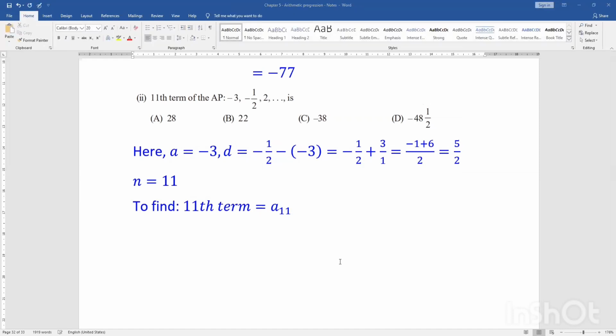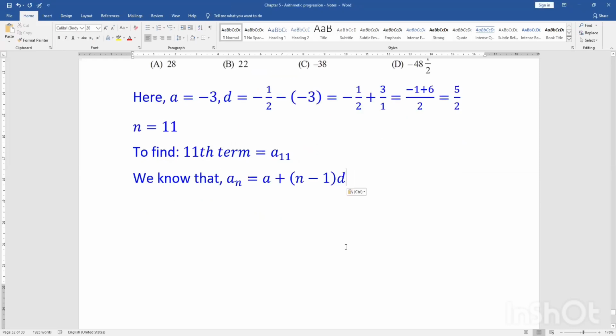Now let's write the usual formula. We know that an is equal to a plus n minus 1 into d, correct? Wherever n is there, just replace it with 11.